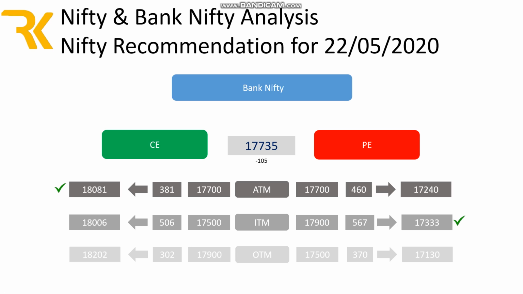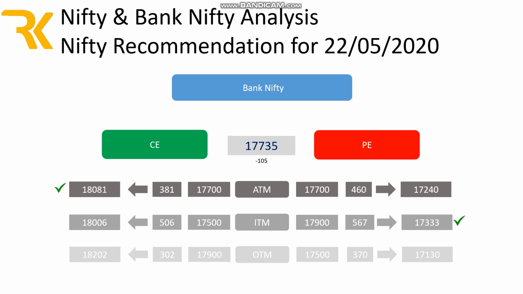Let me consolidate for your easy understanding. If the market opens in green, go ahead with the 9100 call option in Nifty and the 17700 call option in bank Nifty. In Nifty, if you see the 9200 level, sell your call option and then enter the 9200 put option.